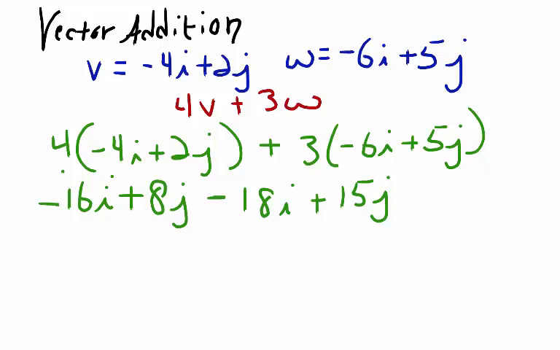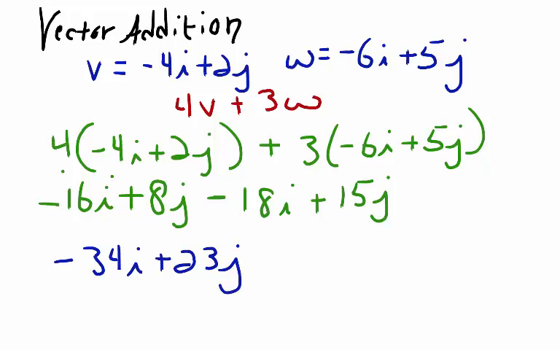Our next step is to combine our like terms. So negative 16i and negative 18i give us a sum of negative 34i, while 8j plus 15j give us plus 23j.